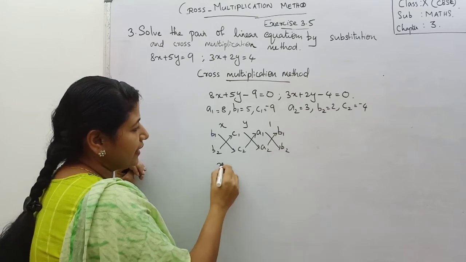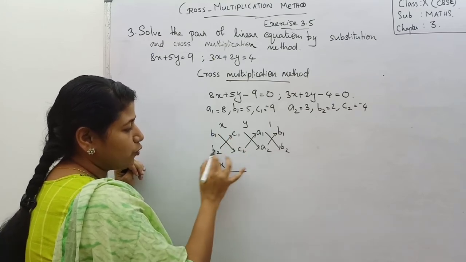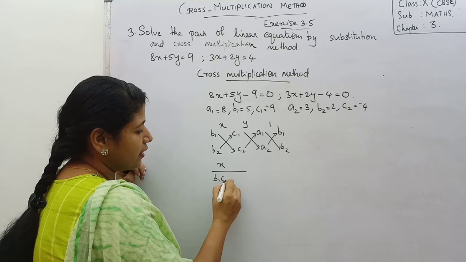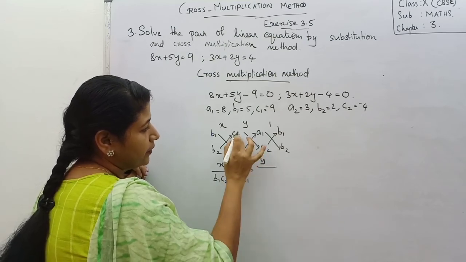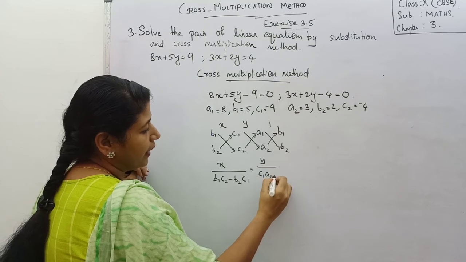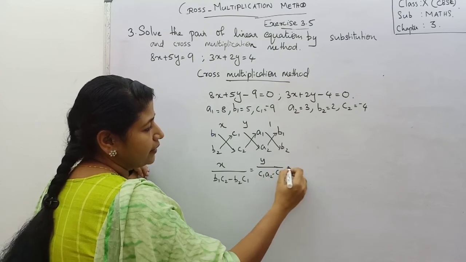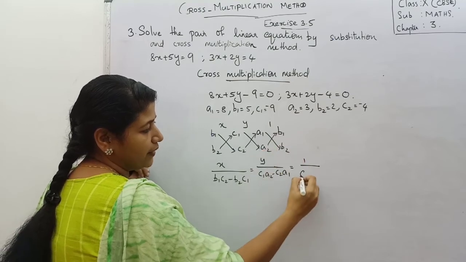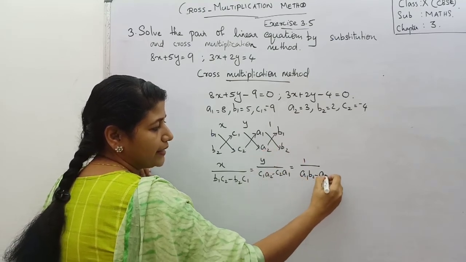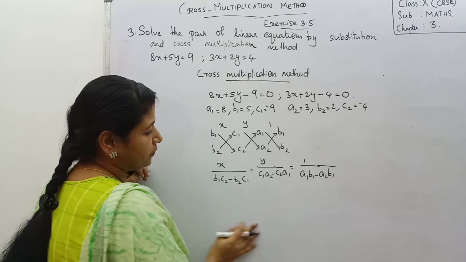So we can write x by (b1 c2 minus b2 c1) equal to y by (c1 a2 minus c2 a1), isn't it? Equal to 1 by (a1 b2 minus a2 b1). This is our equation.